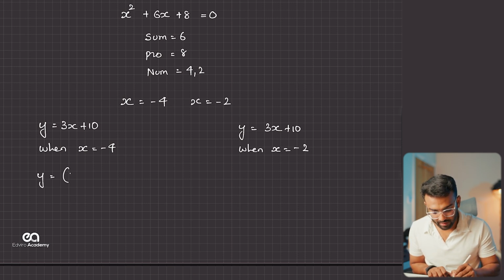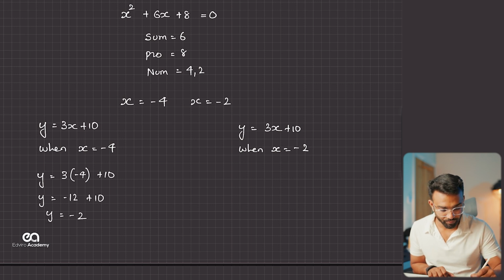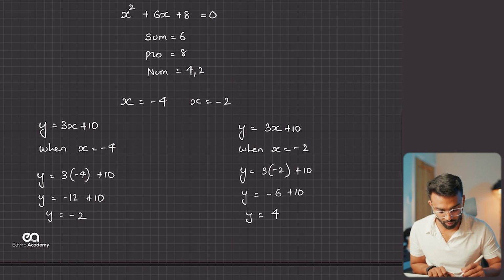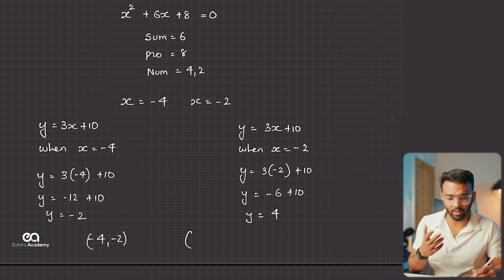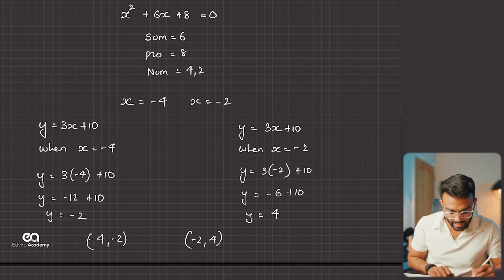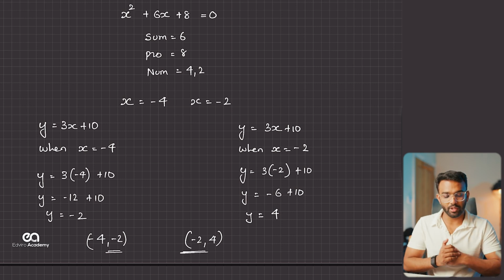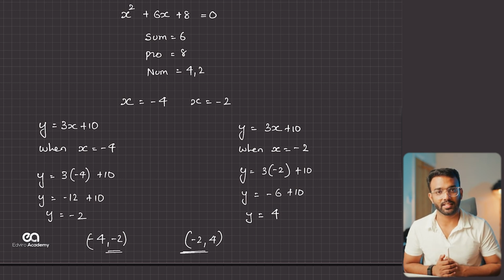So y equals 3 times minus 4 plus 10, y equals minus 12 plus 10, y equals minus 2. y equals 3 times minus 2 plus 10, y equals minus 6 plus 10, y equals 4. So there are two coordinates, minus 4 and minus 2, and minus 2 and 4, those are the solutions. You could put it in a coordinate format or just write y and x is equal to so and so. And there we go, guys. Those are the two solutions solved algebraically, and that's how we solve this question.